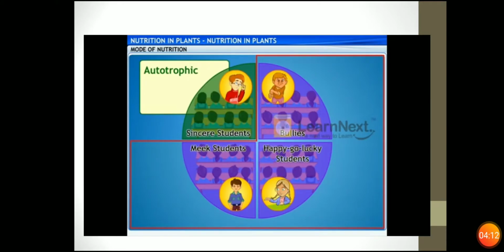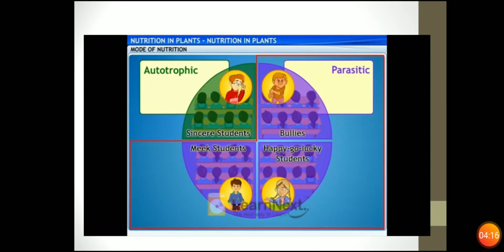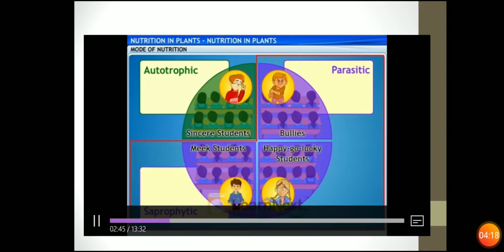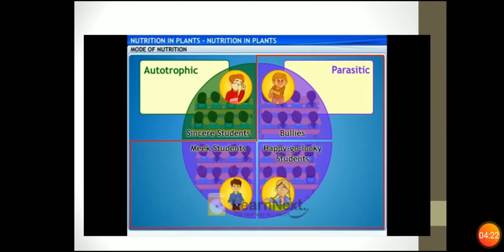Now the other 3 groups depend on others, so they are heterotrophic. Heterotrophic plants can be further divided into parasites, similar to bullies, and saprotrophs. So these 3 are the heterotrophic mode of nutrition, which directly or indirectly depends on plants. So we have 2 types of nutrition, that is autotrophic nutrition and heterotrophic nutrition.